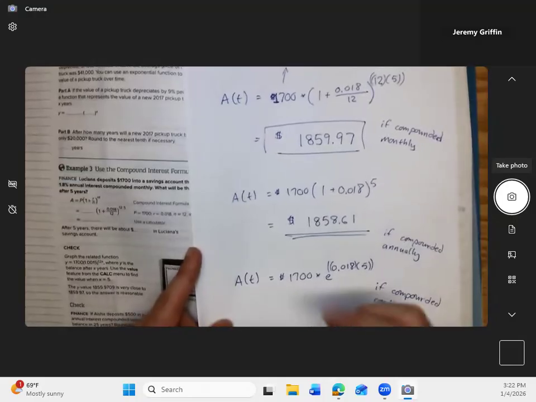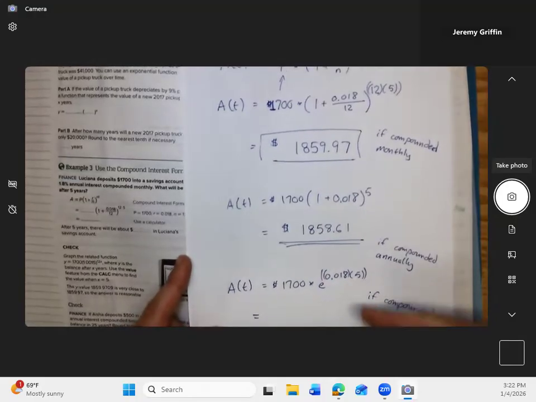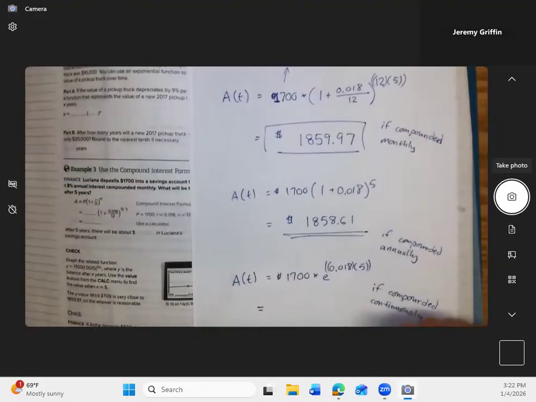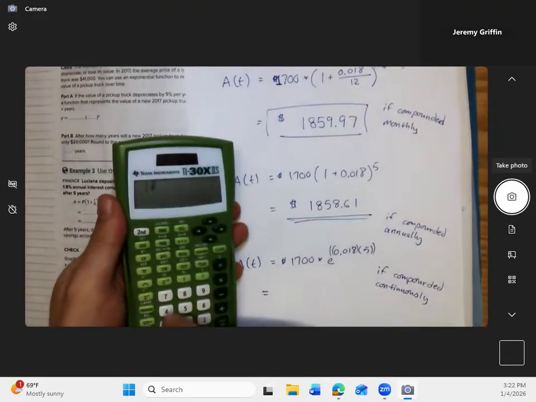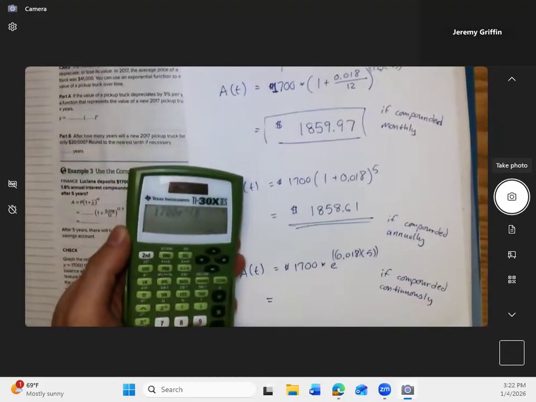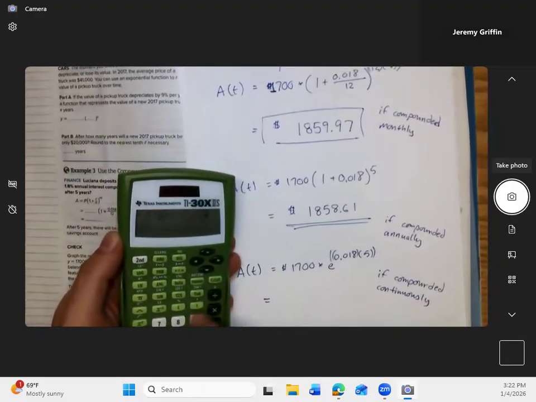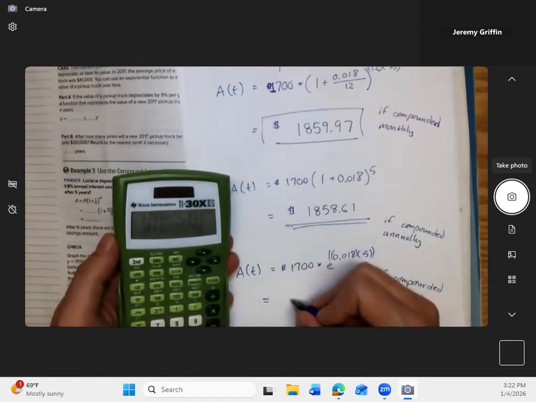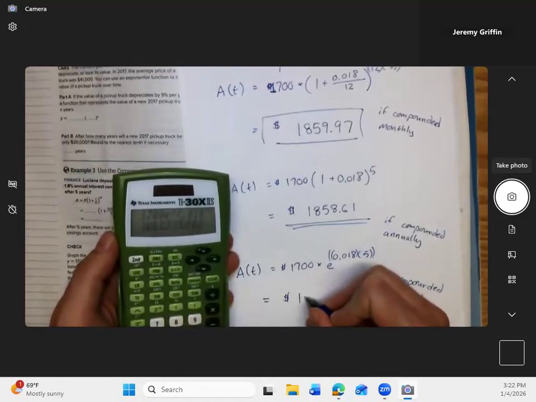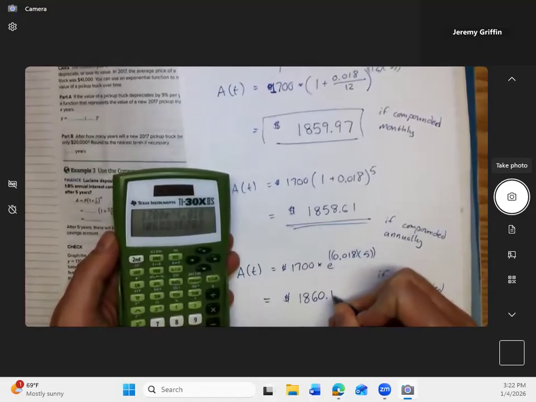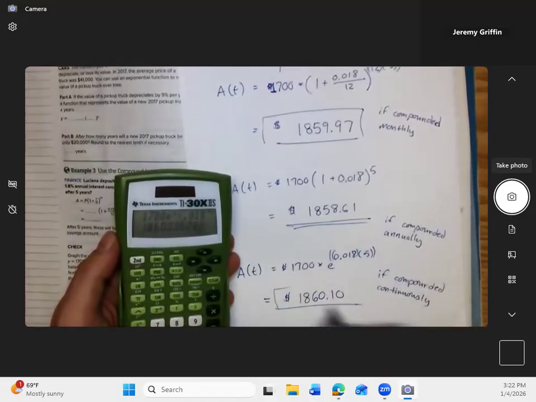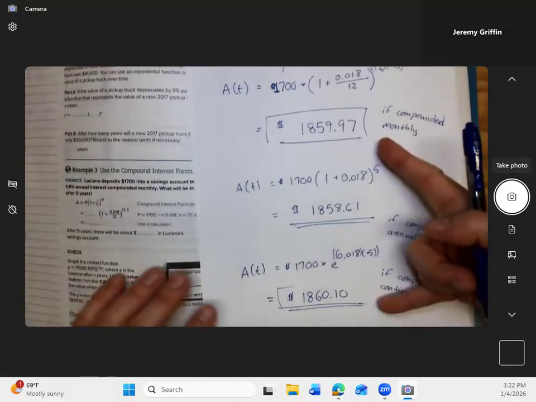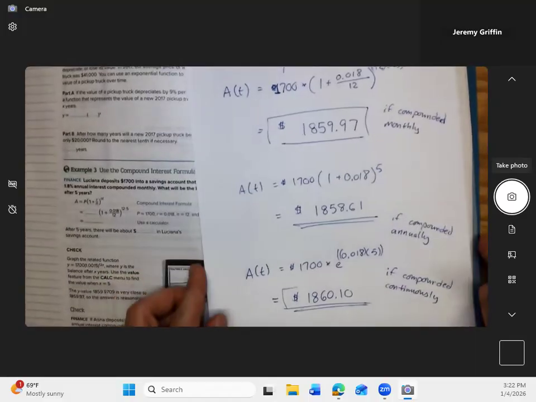I bet this one comes out to even more than monthly compounding, but probably not a lot more. That's $1,860.10. So it's a tiny bit more, but not hugely significant.